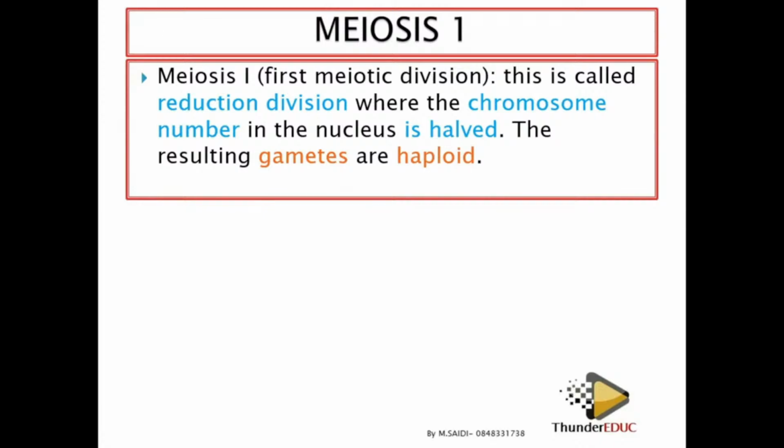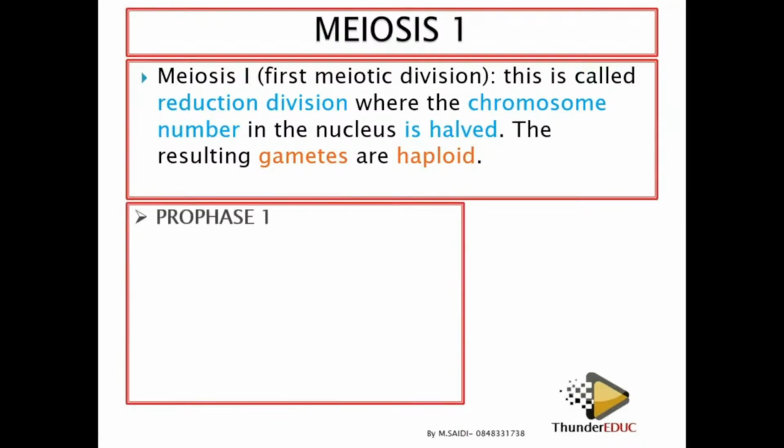So the resultant gametes are haploid. It means that they have one set of chromosomes, from chromosome number 1 to chromosome number 23, and they are not paired. It means that the cell has 23 chromosomes, not 23 pairs of chromosomes.